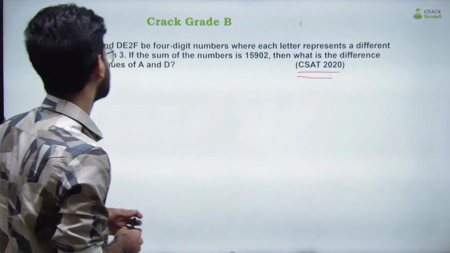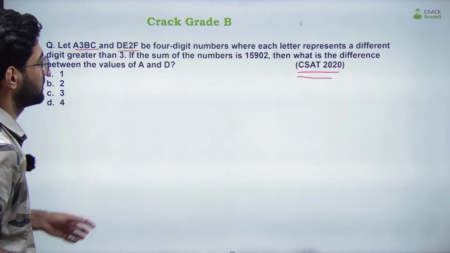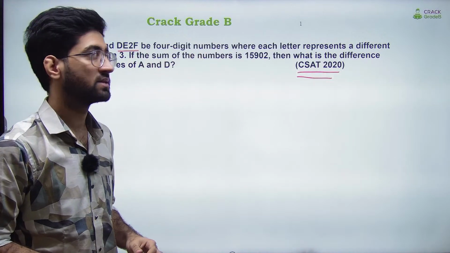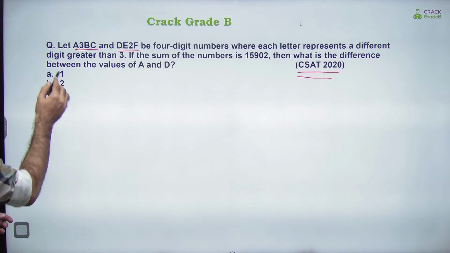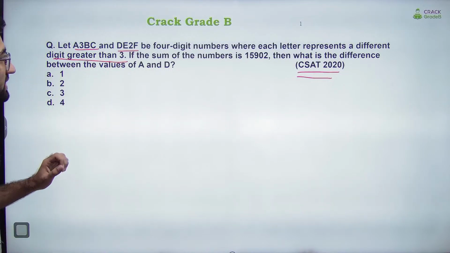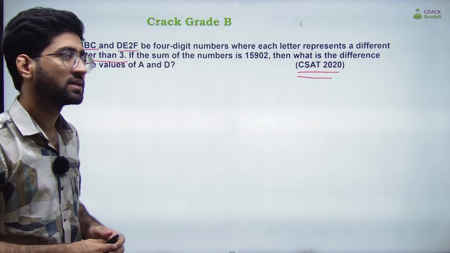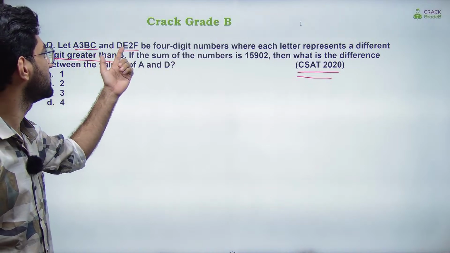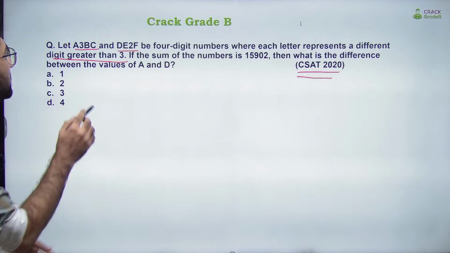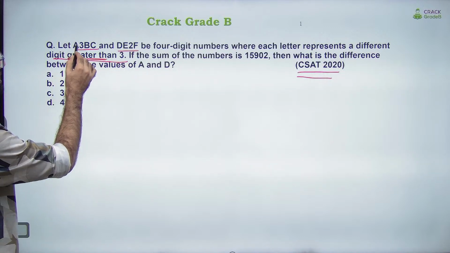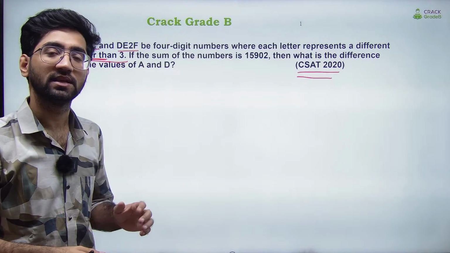So it has been given that let A3BC and DE2F be 4-digit numbers where each letter represents a different digit greater than 3. See, A3BC and DE2F are 4-digit numbers. Means A, B, C, D, E and F are single digit numbers, and all of these letters represent a different digit greater than 3.